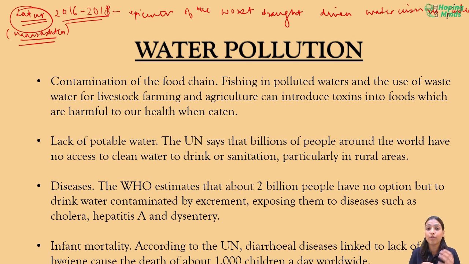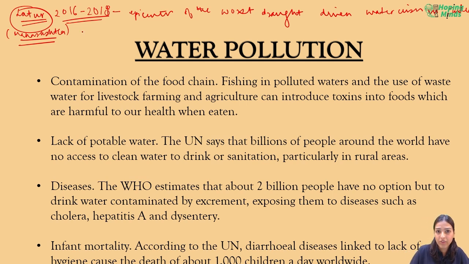You were growing a lot of sugarcane, and sugarcane is a water intensive crop. It uses a lot of groundwater, and when the factories around are releasing water back into the rivers, it's untreated, dirty water. So the poor waste management of the factories and the intensively water dependent growth of crops led to the worst drought in India in the district of Latur.